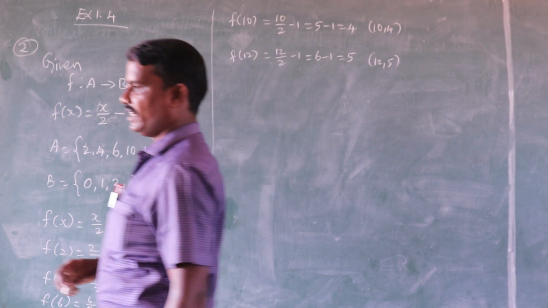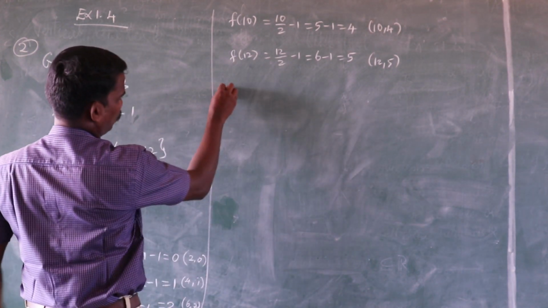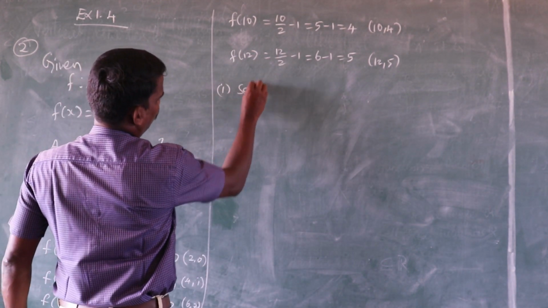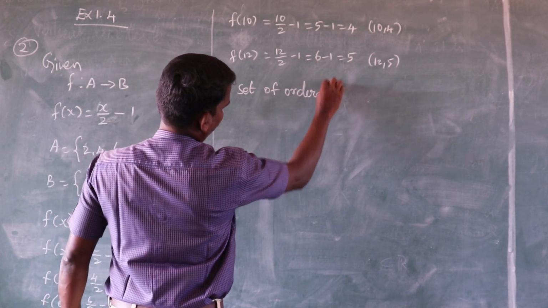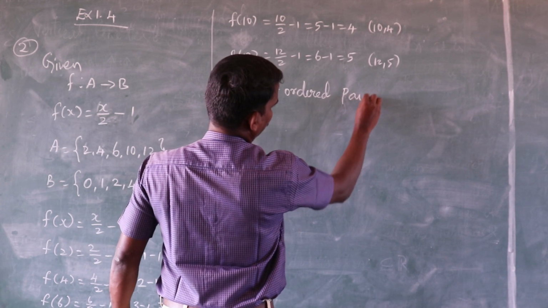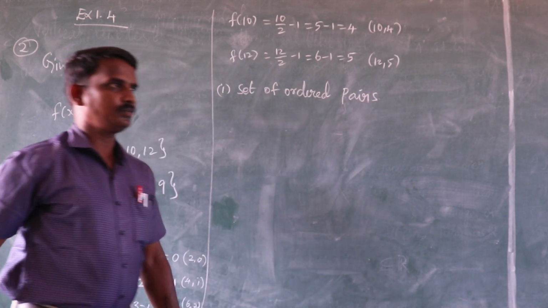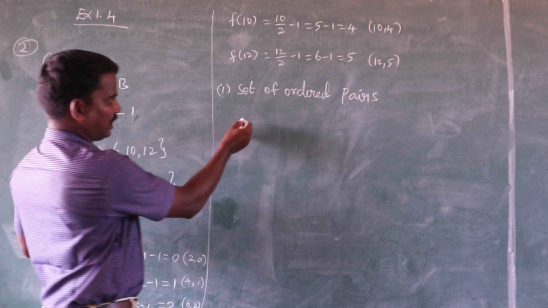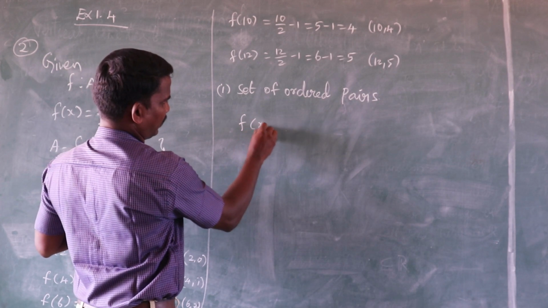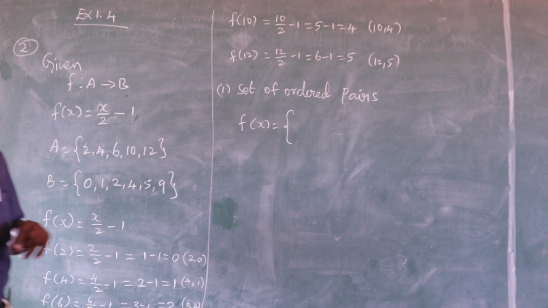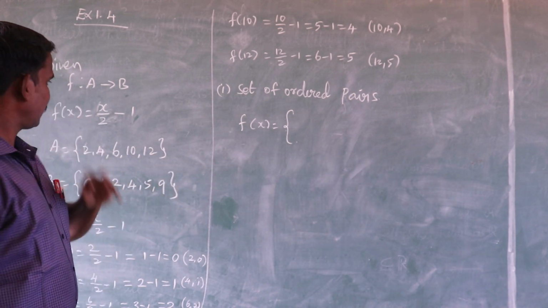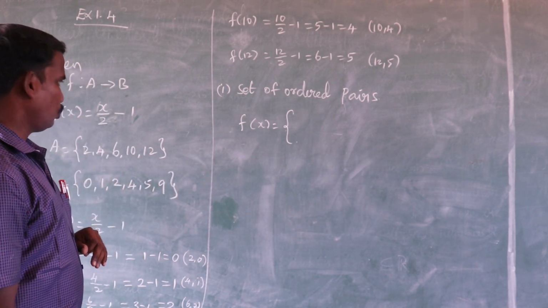Now represent this function, first, as a set of ordered pairs. We can write the given function f, otherwise you can write f only, that's enough. F of x equals x by 2 minus 1.